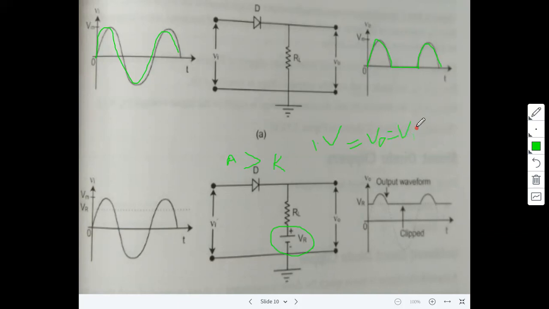Remember this important one: when the diode is on, V0 is equal to Vi. For simple clipper analysis, in the initial stage, let us consider all diodes to be ideal diodes. Remember this one.